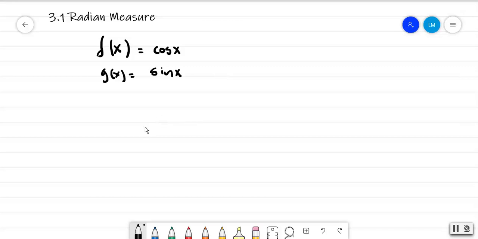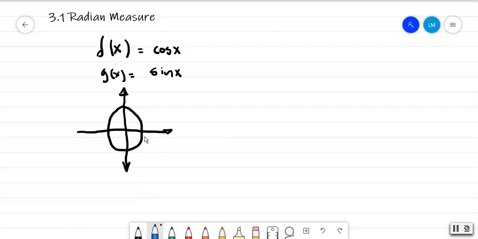Where we start is by looking at a circle with radius r. So this is r, this is negative r, and that's r, and this is negative r.